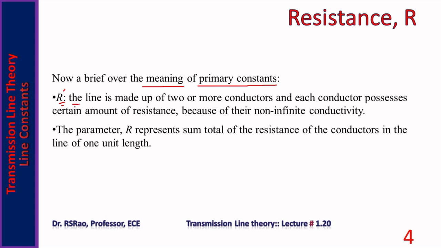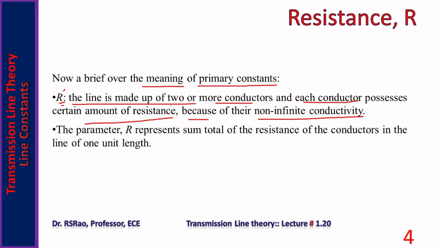So, the line is made up of 2 or more conductors, and each conductor possesses certain amount of resistance because of their non-infinite conductivity. Usually, the conductors of the line are made with good conductors or with conductors having conductivity very large, but not infinity. So, they possess a certain amount of resistance. Usually, it is small, but it is not zero.